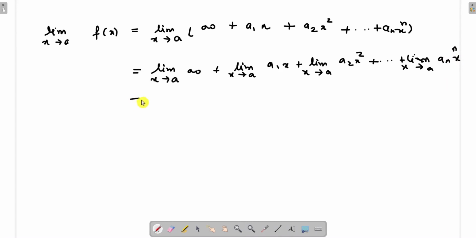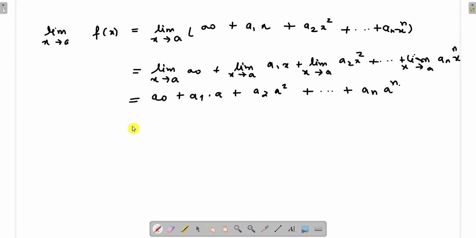Okay, and we have already calculated these n plus 1 limits. So first one was a naught, then the second limit was a1a, then we had a2a square, and so on, and then we had an a raised to n.